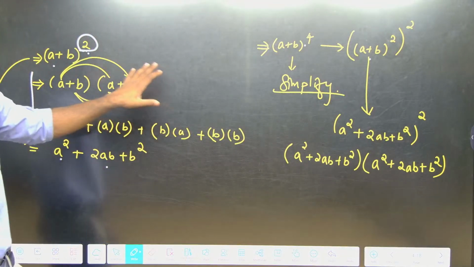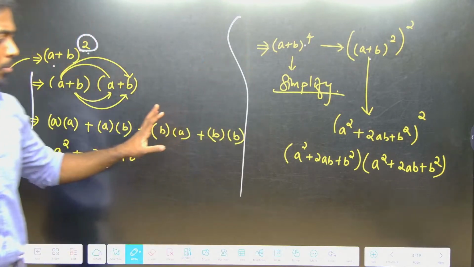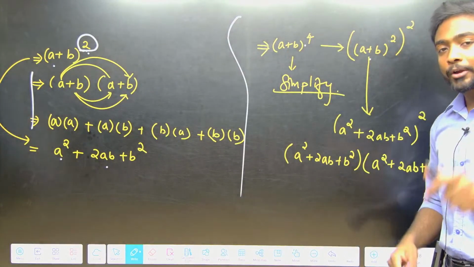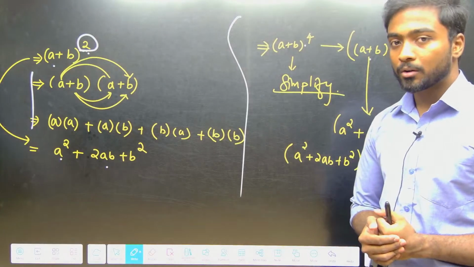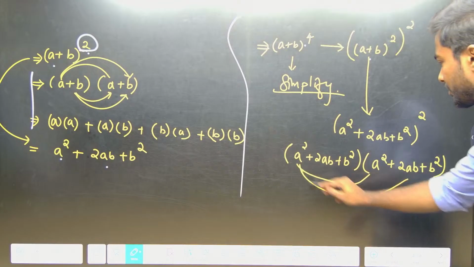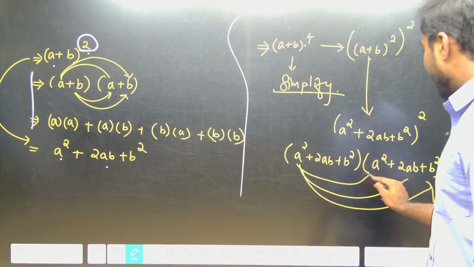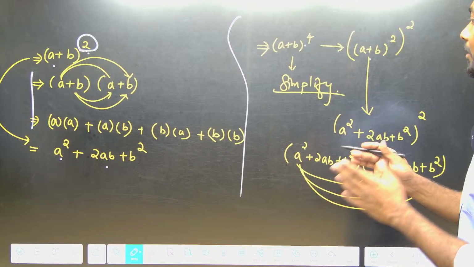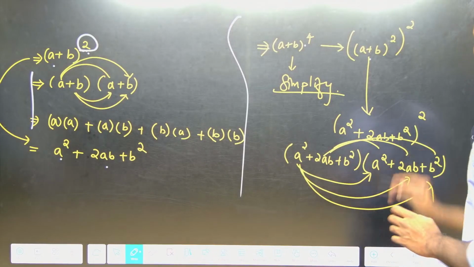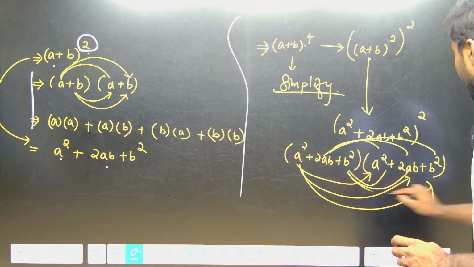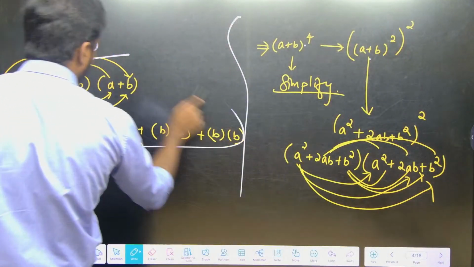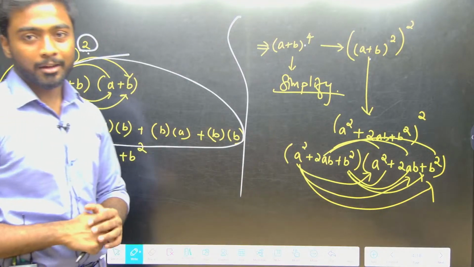I'm not talking about how and why and all, just giving the hint how the situations are going to arrive in the examination also. The same thing they won't ask, they might ask different terms, but in a similar method. Then 2ab with every 3 terms and b square with every 3 terms. So that is why the steps are important, as I was telling from the first.